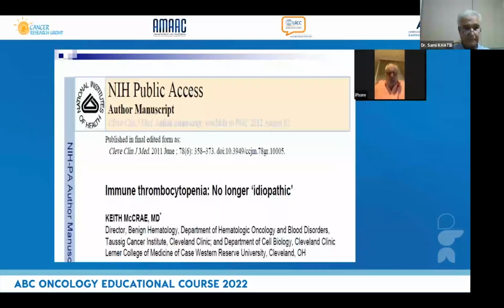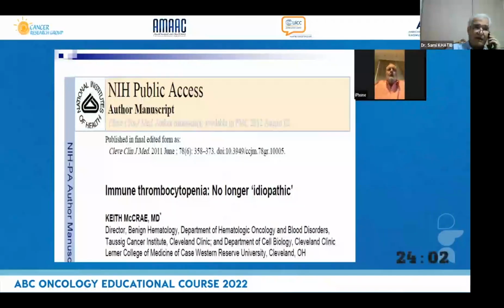Well, first of all, let's start by having some housekeeping definitions. ITP, and this is for our non-hematologists and for our juniors, is still ITP, but it's no more idiopathic. And in the new nomenclature, it's no more purpura.